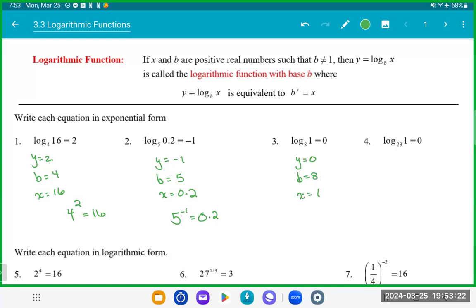So this one would be 8 to the 0 is equal to 1. Last example of this kind: y equals 0, b equals 23, x equals 1. So this is 23 raised to the 0 is equal to 1.